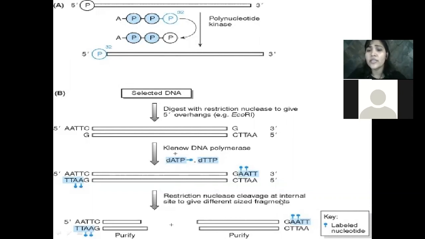So restriction nuclease cleavage at an internal site gives different sizes of fragments. Again, after you get these overhangs complemented by the labeled nucleotide, you can expose this DNA to make two different parts of the DNA, where again you can use a restriction enzyme which will cut the DNA, and you can get one part of the DNA where the overhang is labeled and another where it is not.